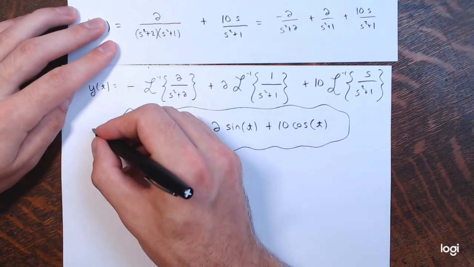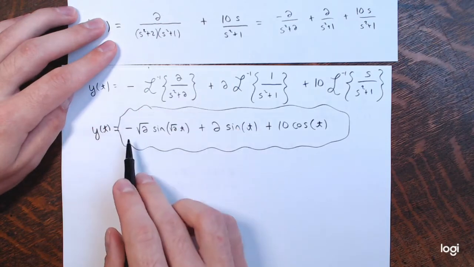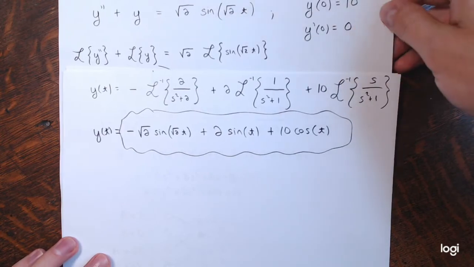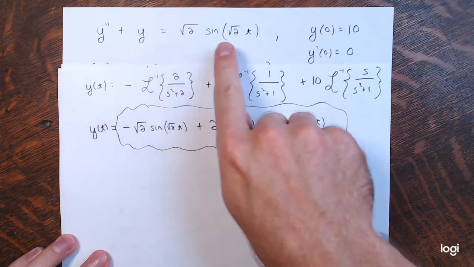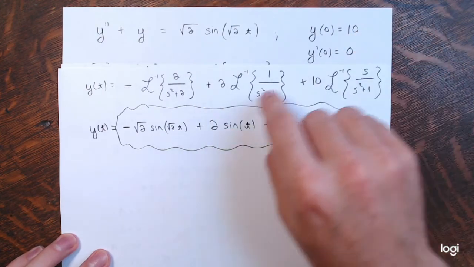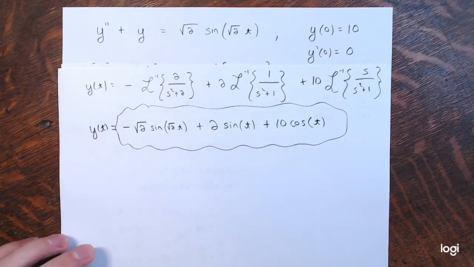There's the function y of t equals negative 2 times the sine of the square root of 2 times t, plus 2 times the sine of t, plus 10 times the cosine of t. And again, if you want to verify this, take the first derivative, take the second derivative, substitute into the equation. It should satisfy this equation and also the initial conditions: y of 0 is 10, y prime of 0 is 0.